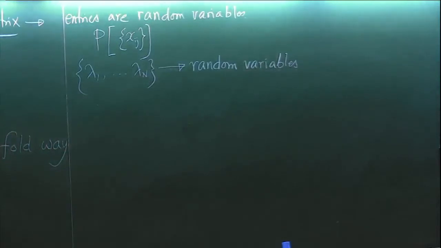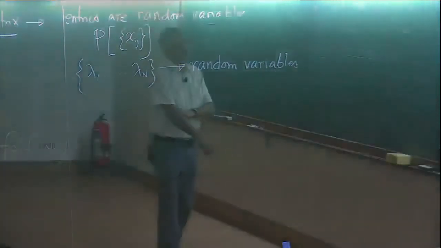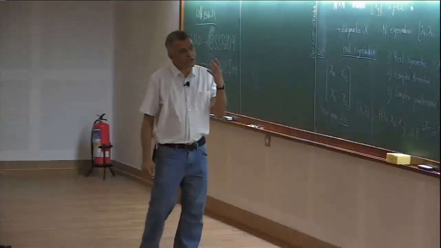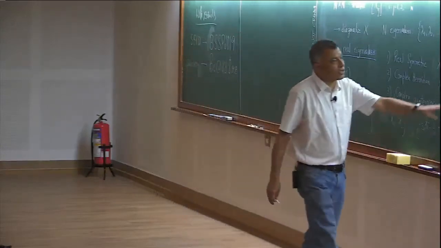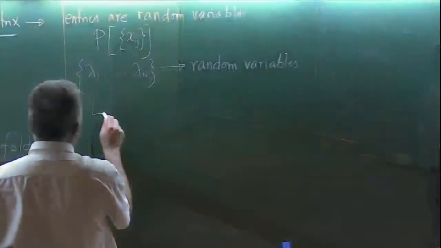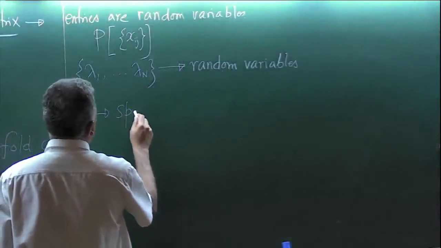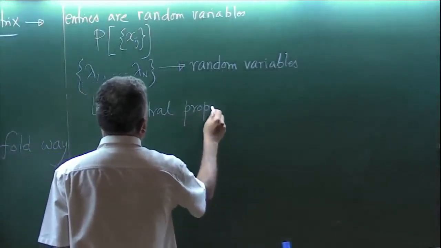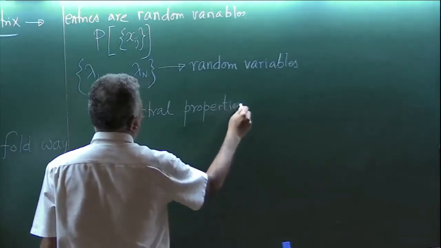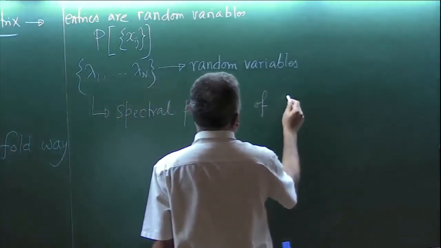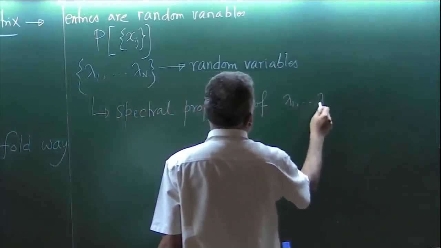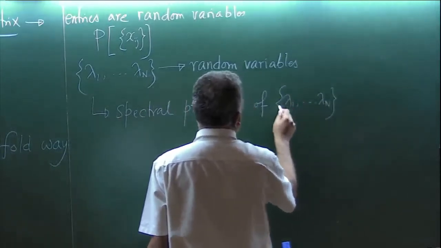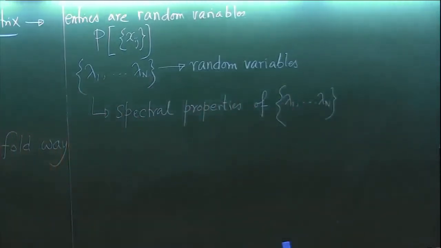So the whole game of random matrix theory is to understand the spectral properties. That means to understand the statistics of these eigenvalues. How are these eigenvalues distributed?